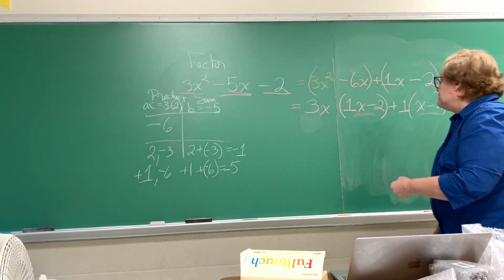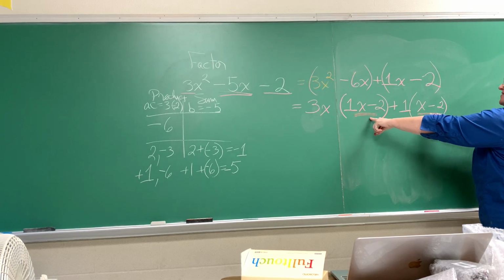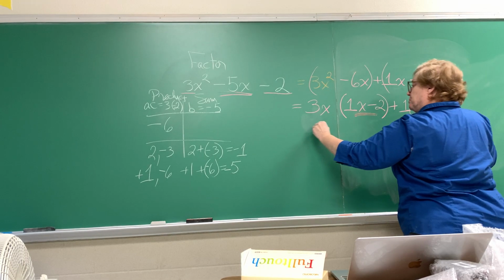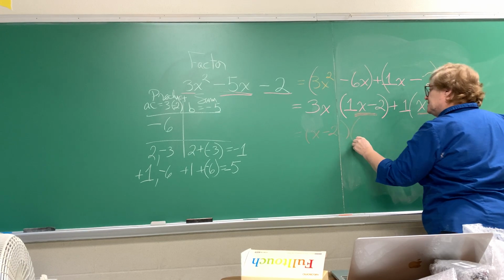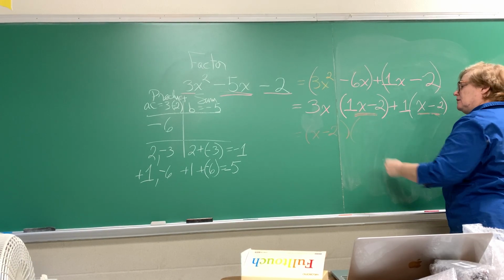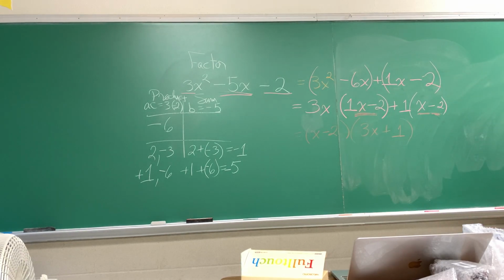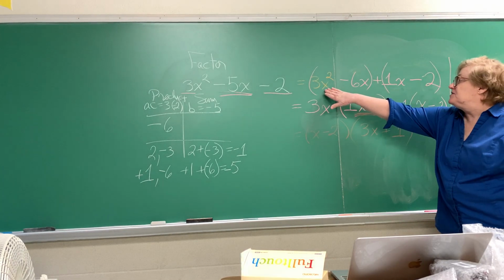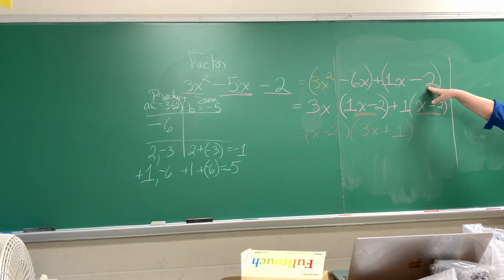So we know we're doing this correctly because the stuff in the parentheses that's left matches. And let's pull that out. So x minus 2 times, what's left in this first hunk? Good, and we're done.